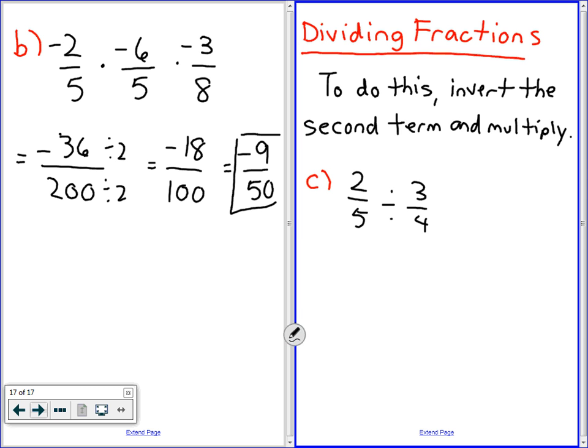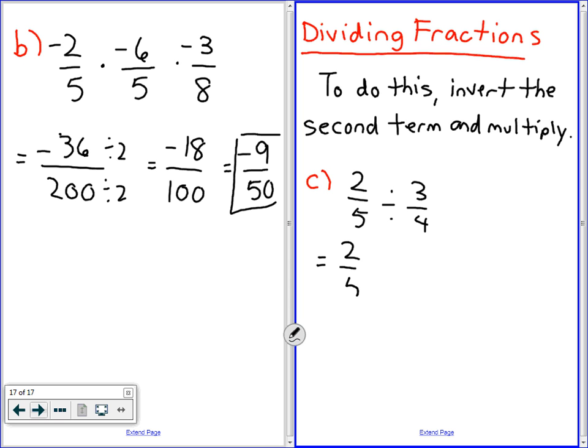What do we do here to divide? What do I turn this into in order to solve it? What do I do with the divide sign? I don't like the divide sign, so I turn it into a multiplication. What do I do with the 3/4 then? What does 3/4 turn into?